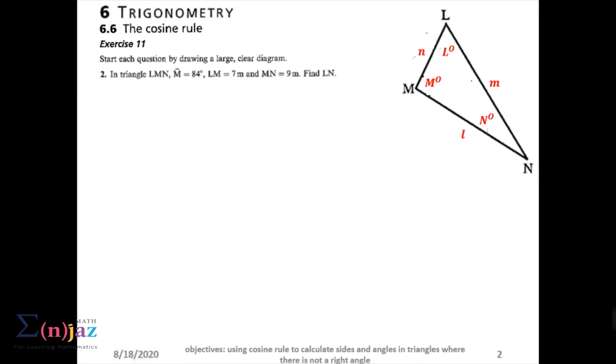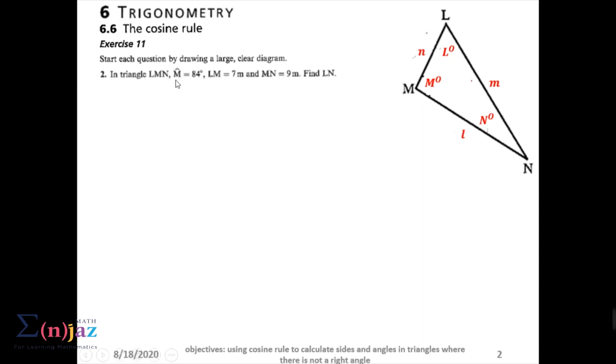So first thing, we draw a little sketch of the triangle that is stated in my question. And then I name each corner of that triangle, and I identify the angle and the opposite side. Always the angle takes the capital letter, and the opposite side takes the exact same letter, except we write it in small letter.